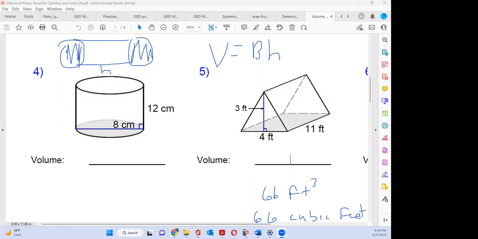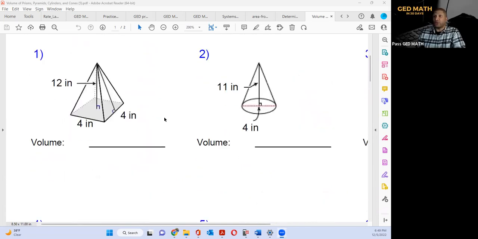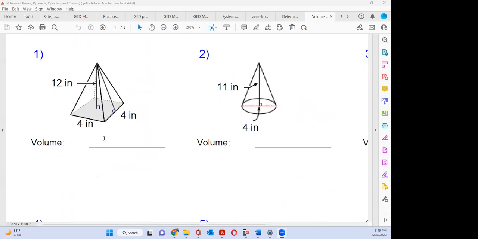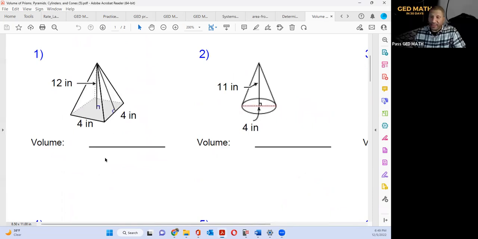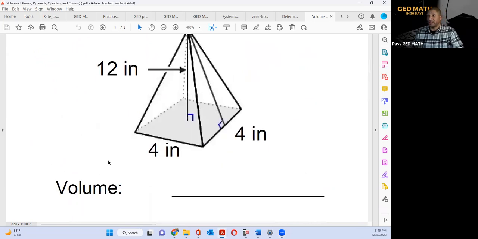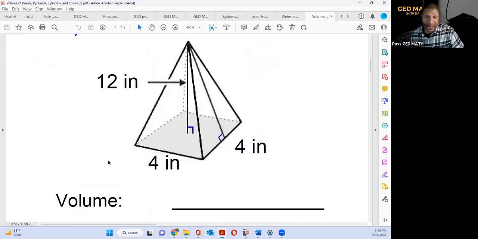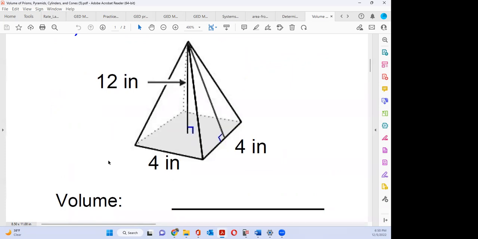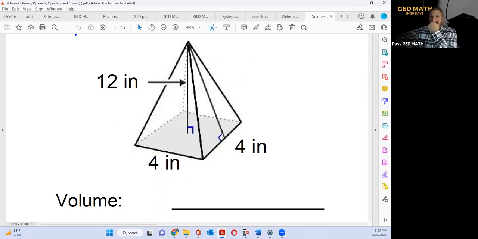So now let's do one more problem right here. Let's look at number 1. That's a pyramid. The first thing you should be remembering, you should be thinking of me in your head when you take this test: area of the base times the height. It comes to a point, so I'm dividing by 3. Watch this.